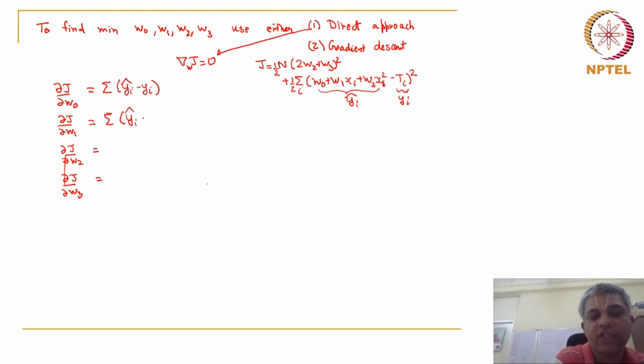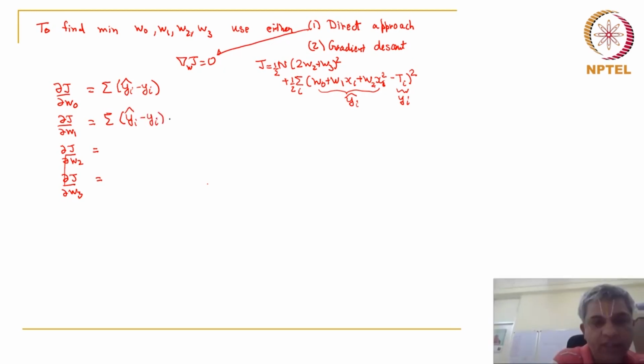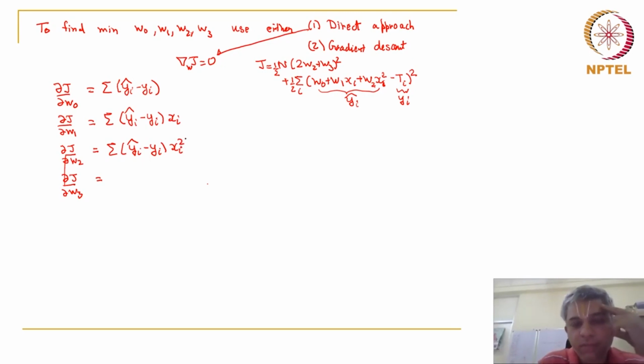what should you get for del J del w1? Into xi. Good. This, xi square. But there is an additional term. Yes.